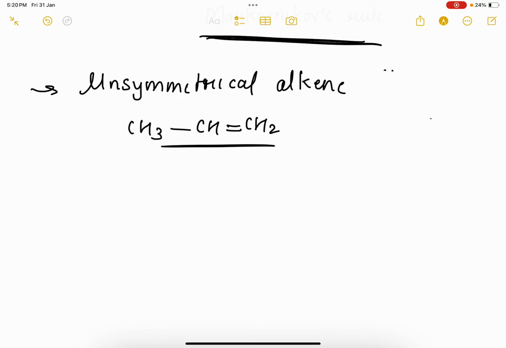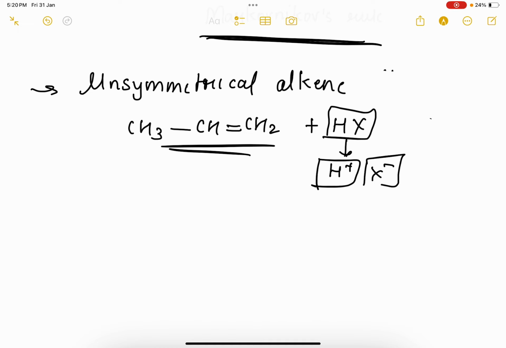So this is an example of unsymmetrical alkene in which if we add HX, HX gives us H plus and X minus. H plus is an electrophile and X minus is a nucleophile. In this reaction, the hydrogen goes to that carbon which already contains more number of hydrogen.